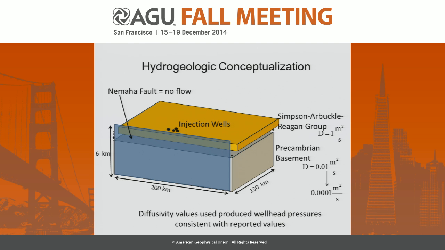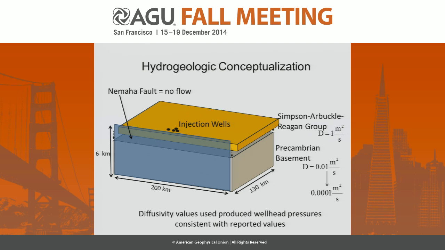And then we took the hydrological parameters from the literature, compiled from as much literature as we could get our hands on. And we used a diffusivity of 1 meter squared per second for the injection formation. And then for the basement, we assumed that the diffusivity decreases with depth.